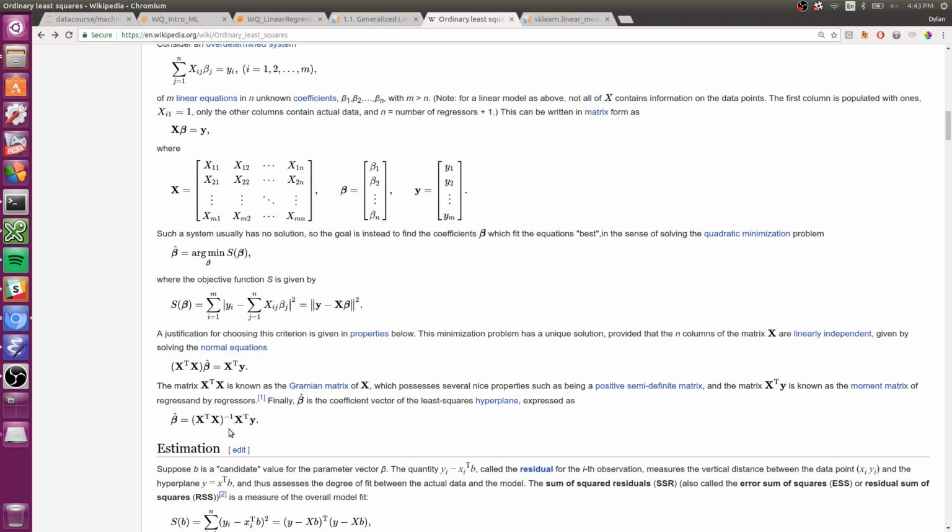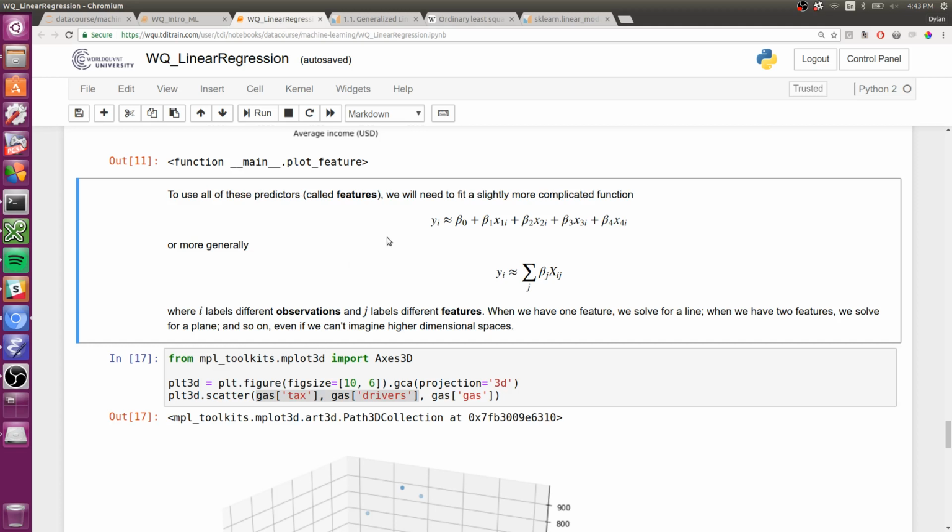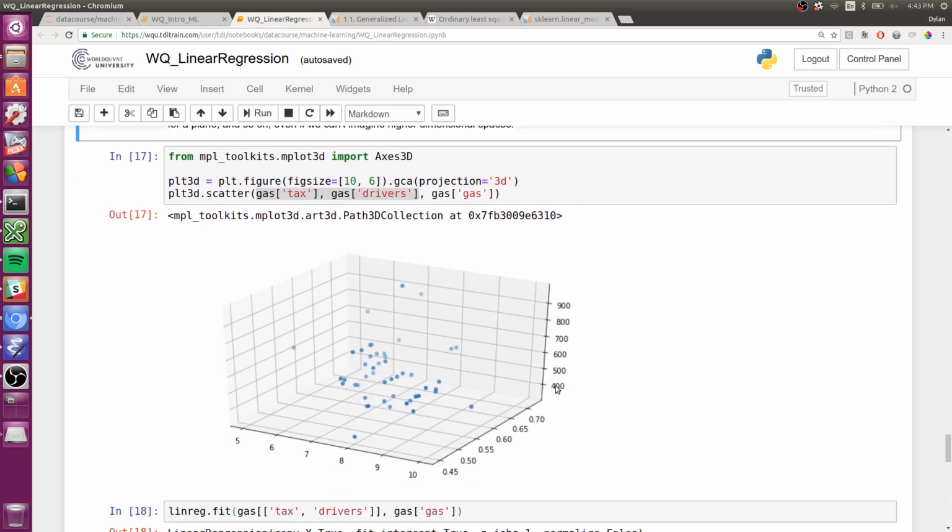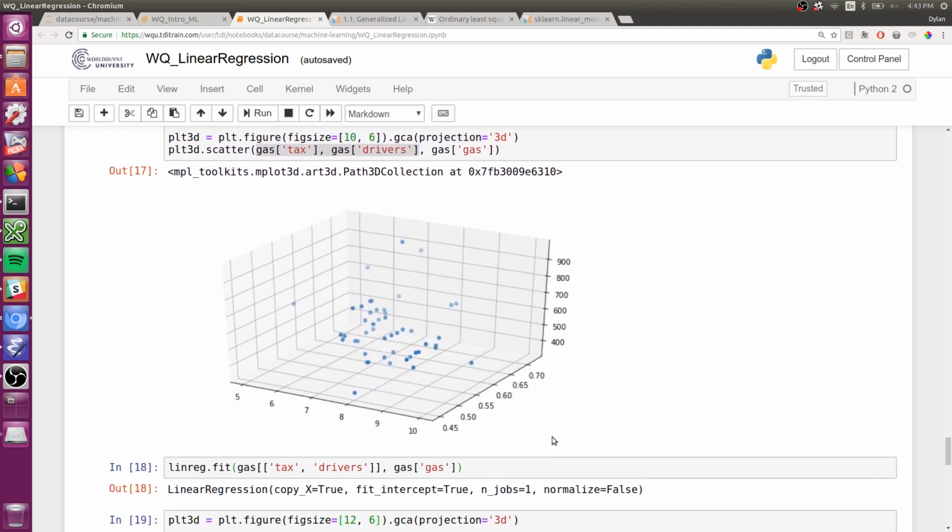And matrix inversion computationally is quite expensive and sometimes does not work so well. So for general data sets, especially large data sets, inverting the feature matrix might not be feasible.